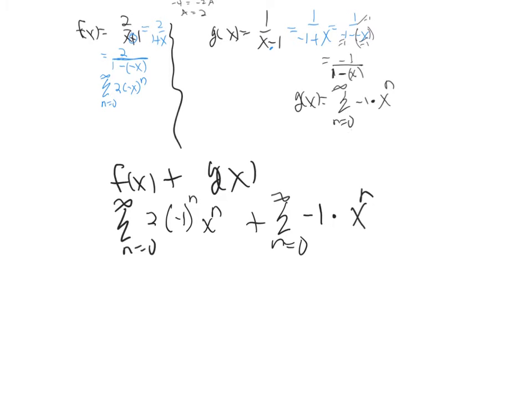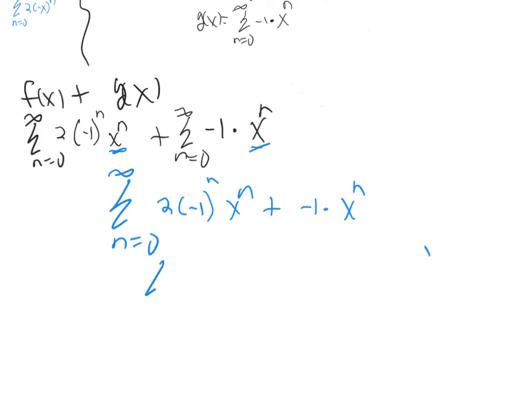And do you see what I see? Both of these have an x to the n. So if I put them together, let me first do that. Together, they become a summation as n is 0 to infinity of a 2 times negative 1 to the nth, x to the n, plus a negative 1 times x to the n.